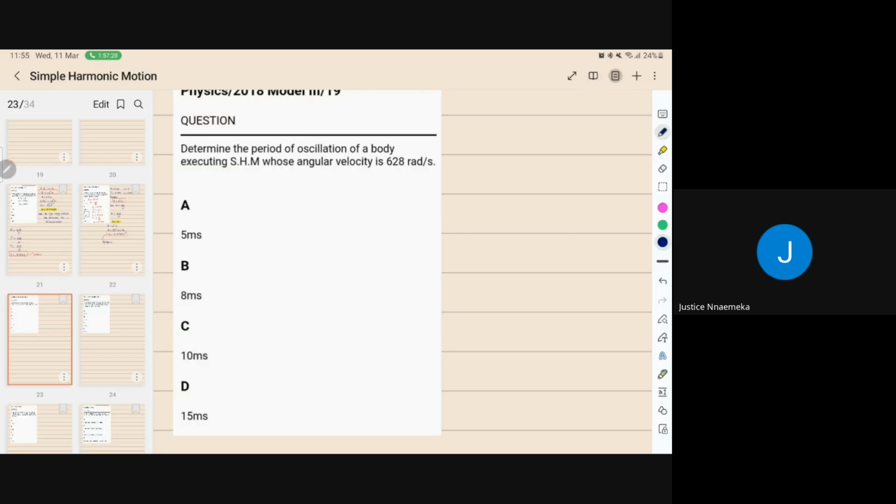Remember that for this very question, they're asking about the period T. They give us the omega to be 628 rad per second. Now, what's the formula linking the both of them? Omega is 2π all over T. So 628 is equal to 2π all over T.